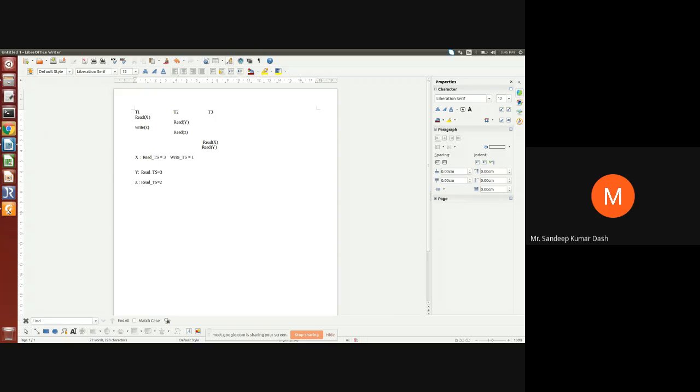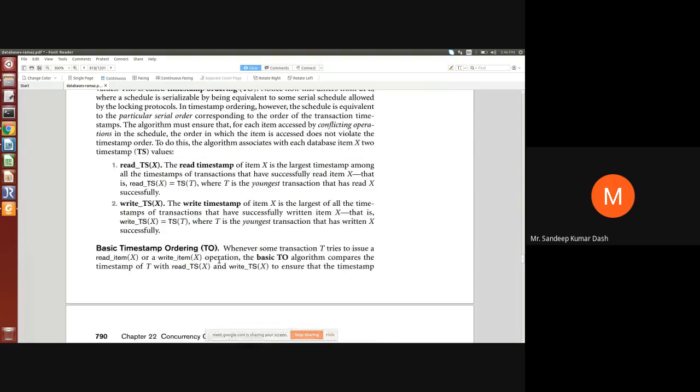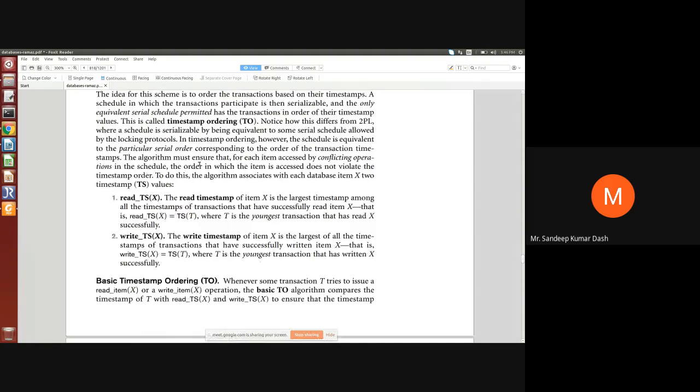The read timestamp of item X is the largest timestamp among all the timestamps of transactions that have successfully read item X. Largest because of the younger transaction. So whoever has read it last, as per their timestamp, it will be set. Write timestamp is also the same. Whoever has written it last, as per their timestamp, it will be assigned. So based on these two, the timestamp ordering is defined.